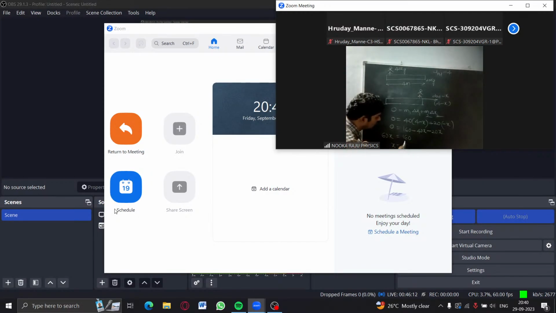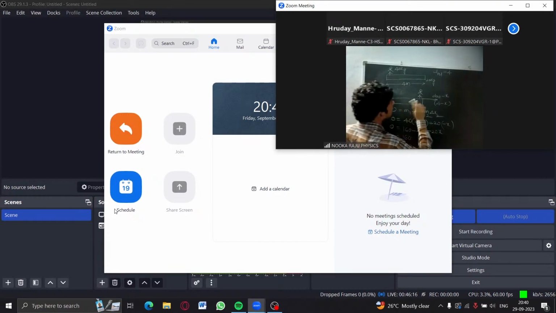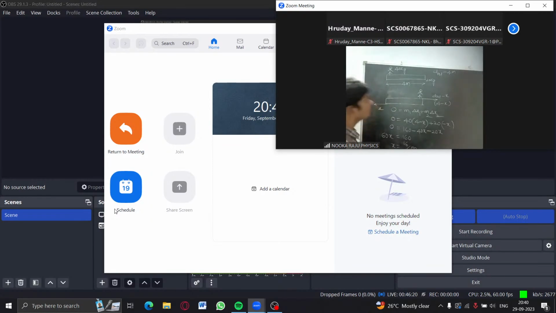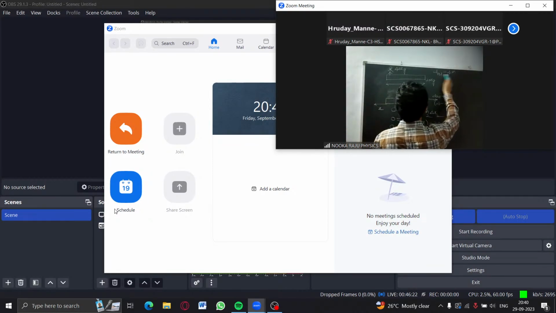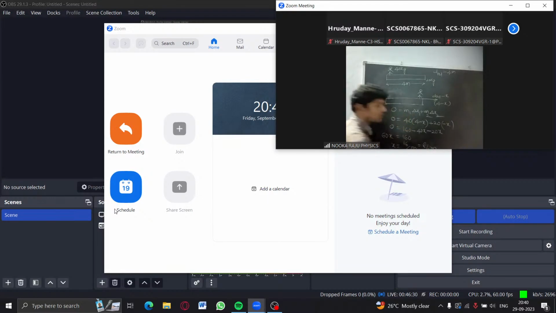Therefore x equals 16 by 6. I gave it in meters, the length of the plank in meters. So what is the answer? 8 by 3 meters is the answer.